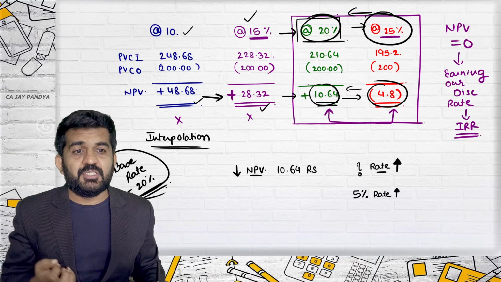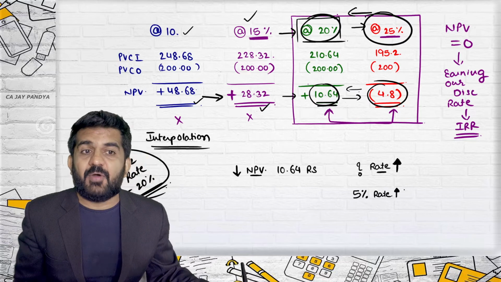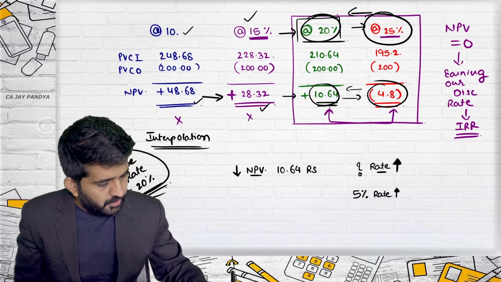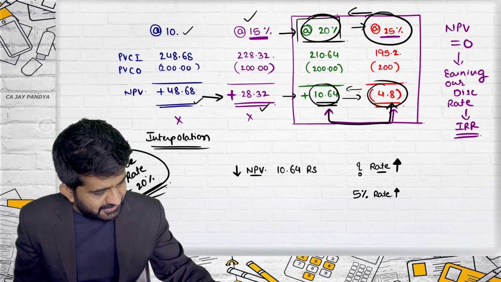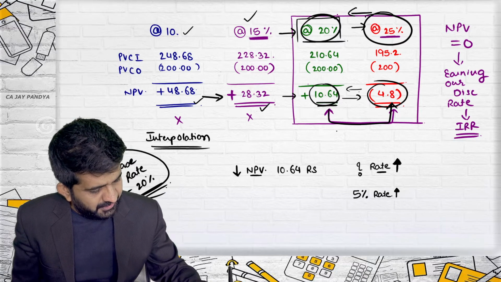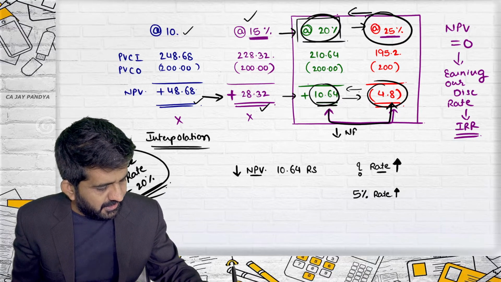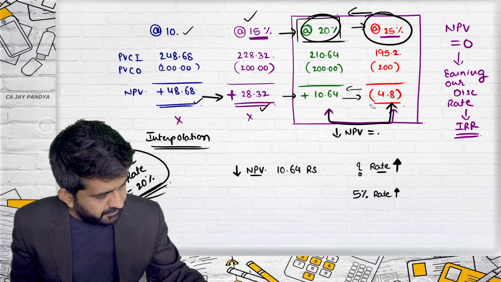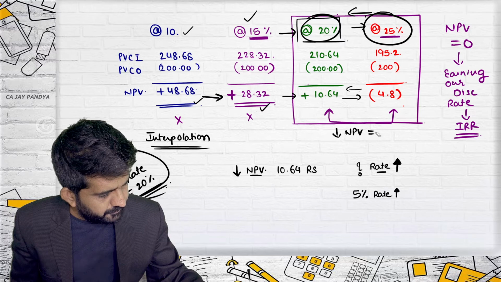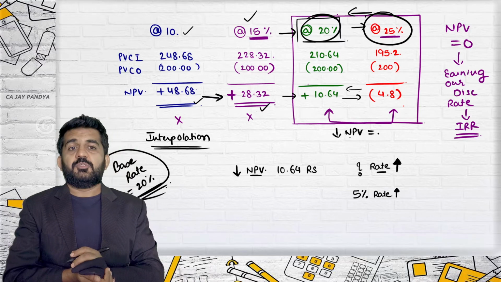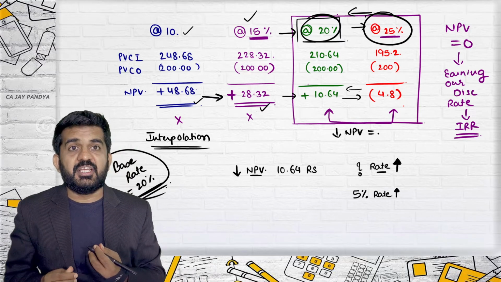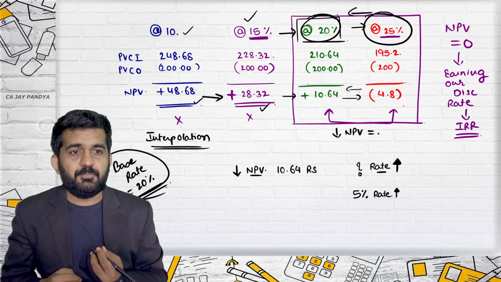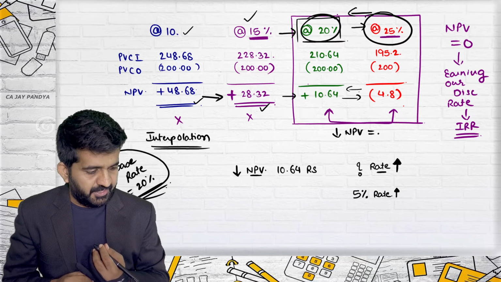From 20%, when I am increasing rate by 5%, the NPV is decreasing? Yes. What is decrease in NPV? Can anyone tell me? First it was 10.64. Now it has become 4.8. From 10.64 it has decreased to 4.8.